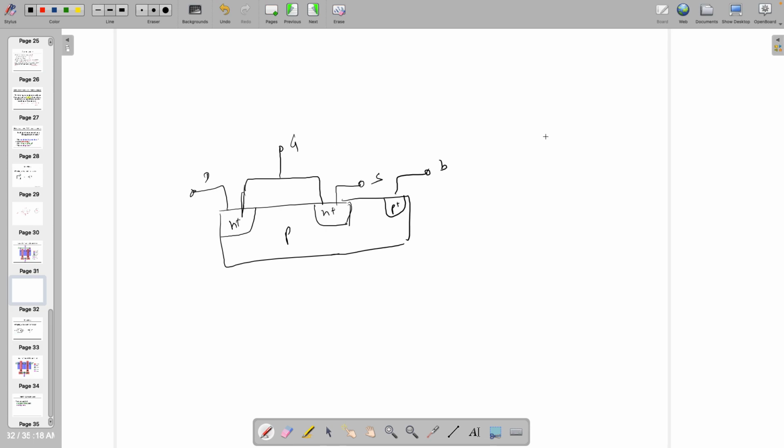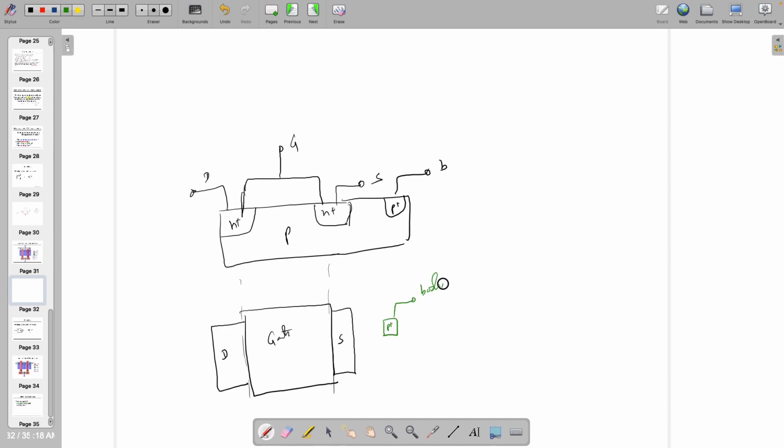If you look from the top, it looks like this one. Gate is here. This is drain. This is source, and as you know, the whole white color is actually body. So if I want to take something from the body, I need a contact. This is known as the contact.